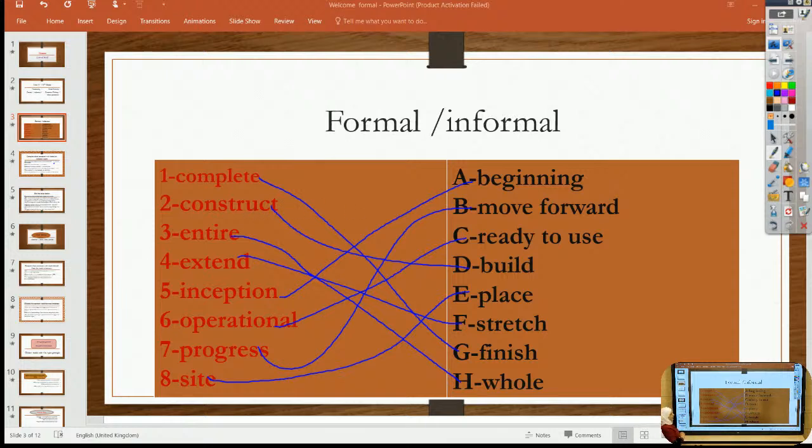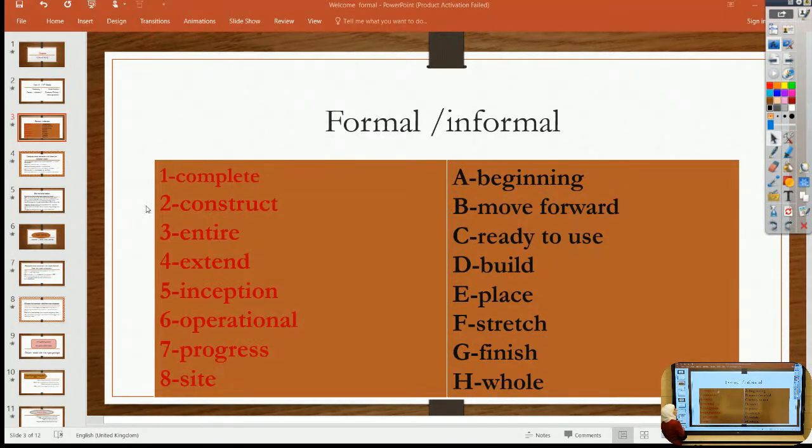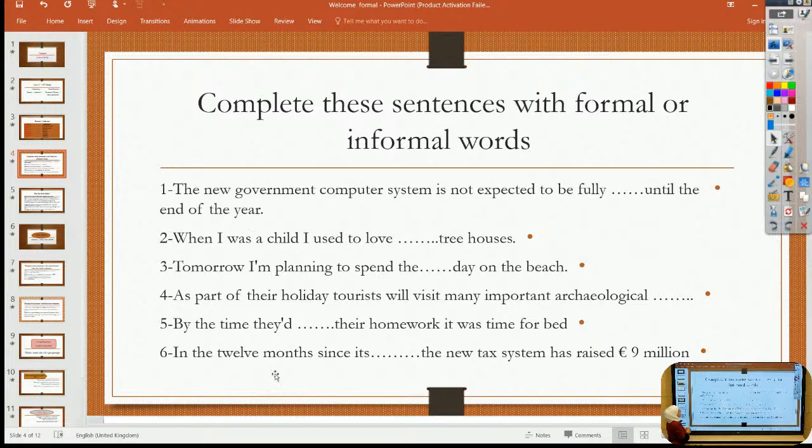Now, after this, we'll answer one or two questions on how to choose formal or informal words. Our question is, complete these sentences with formal or informal words. Number 1. The new government computer system is not expected to be fully operational until the end of the year.